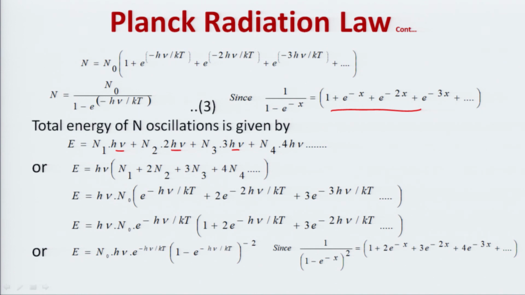Putting the values of N1, N2 from the previous one and taking N0 common, we get hν times N0 into e to the power minus hν/kT plus 2 into e to the power minus 2hν/kT and so on.